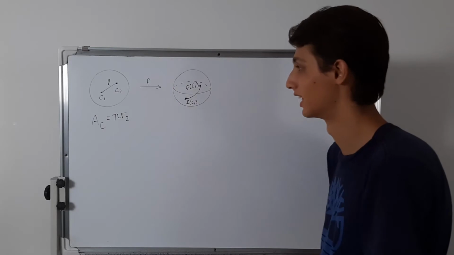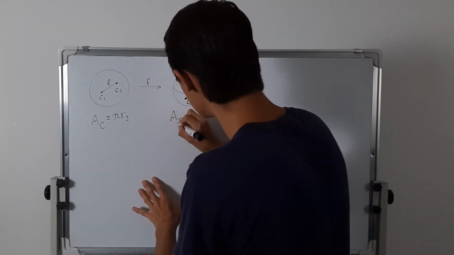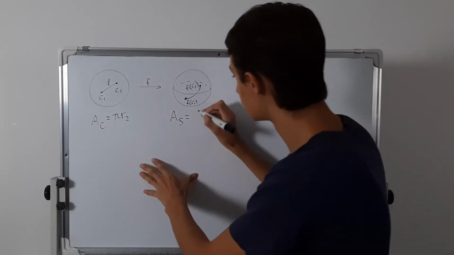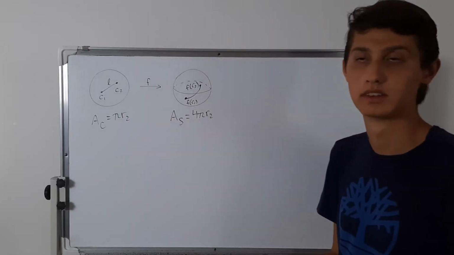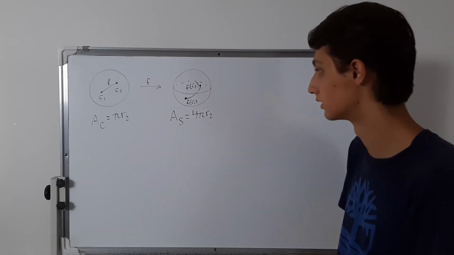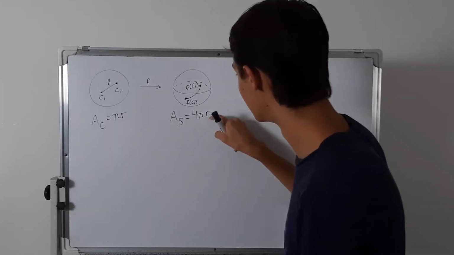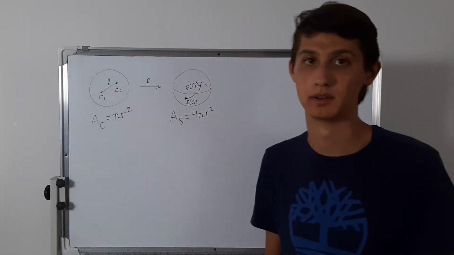And then the area of the sphere, subscript S, is going to be 4 pi r squared. I put an r2, I meant r squared. It's just a known fact, if you remember that about spheres.